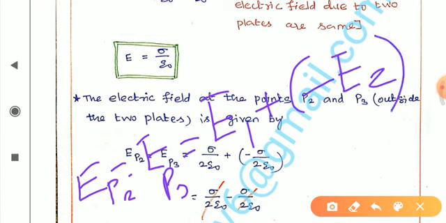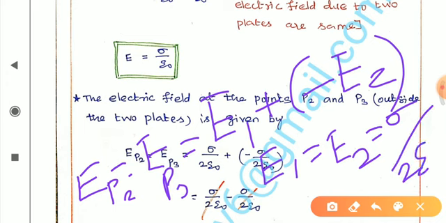One more thing, we know that E1 is equal to E2 is equal to sigma by 2 epsilon naught, because the electric field produced by each plane charged sheet is sigma by 2 epsilon naught. If we need, we can write these two steps also, it will be correct.